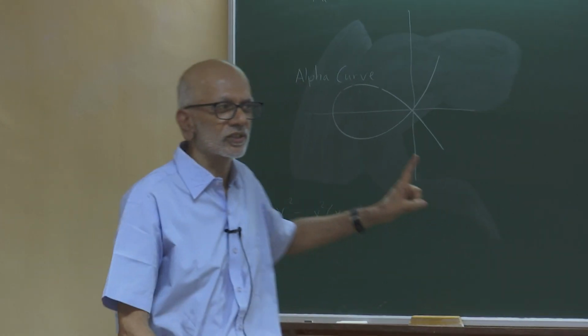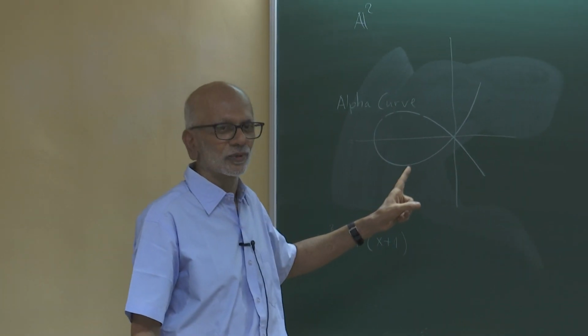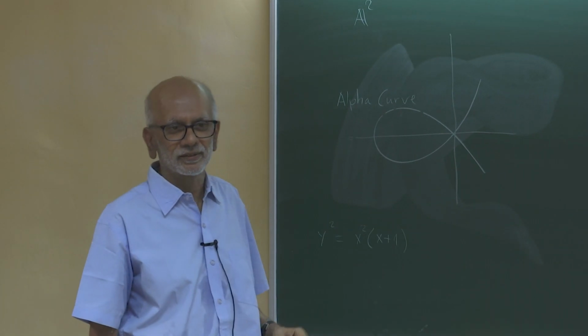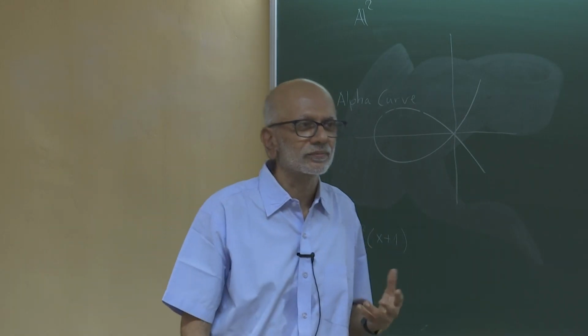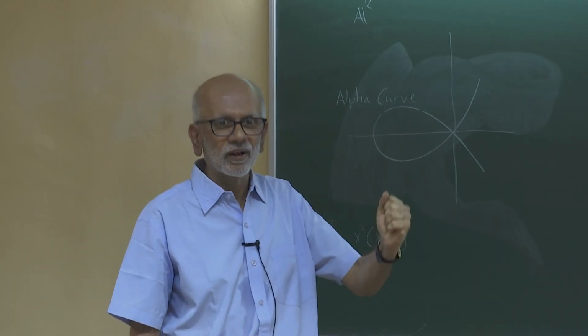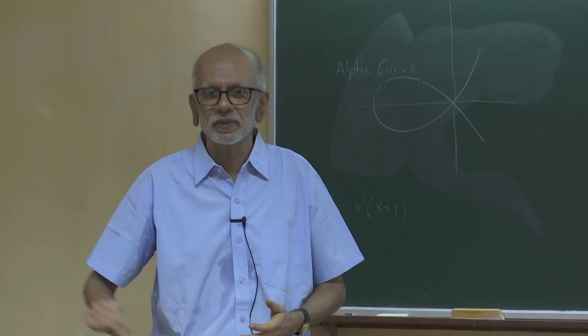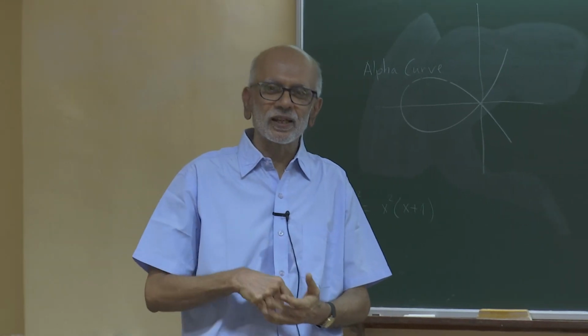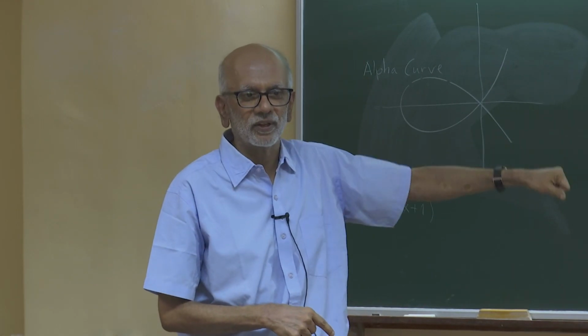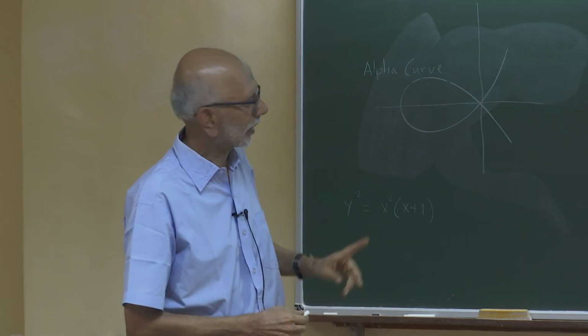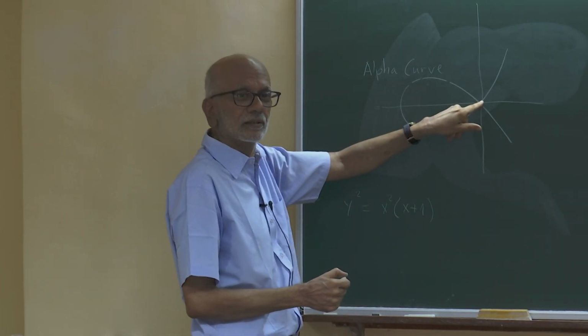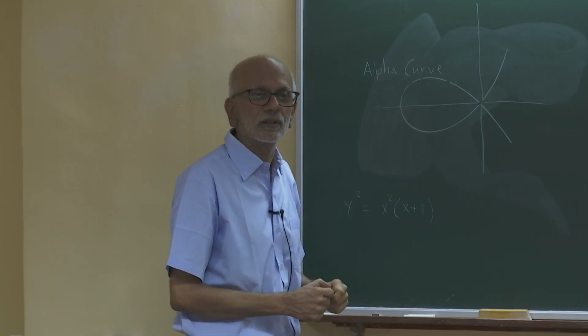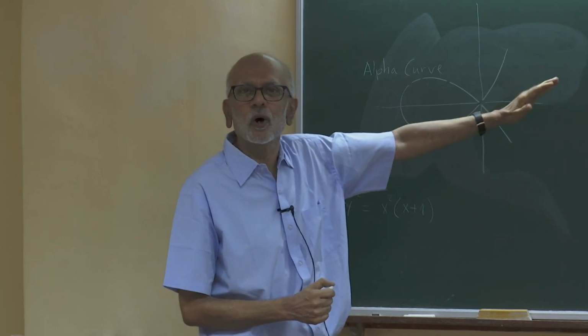And so this is the first curve you consider when you think of singularities, and because of its importance, when they invented writing after some time, they named the first alphabet after this curve, so it's called alpha.